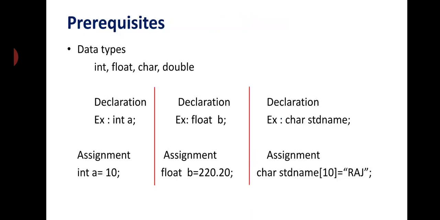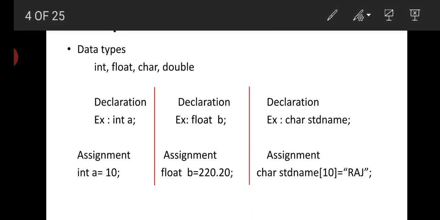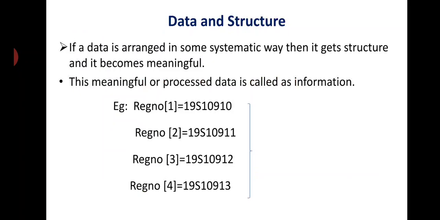So next is data structures. Okay. Generally, any problem that has to be solved by the computer involves the use of data, right? So to solve your problem, you have to use the data.